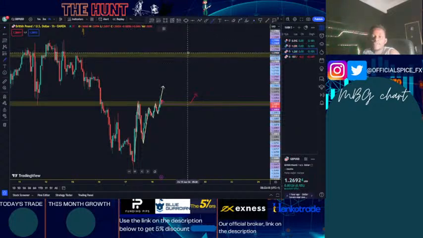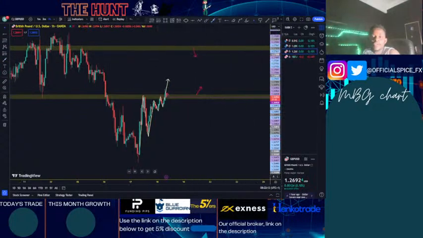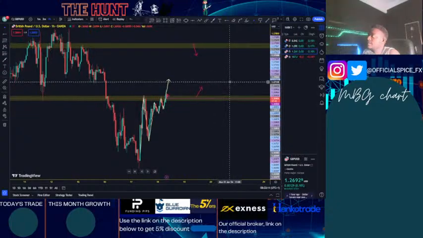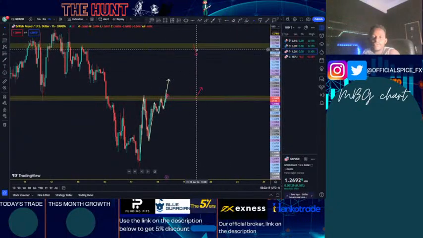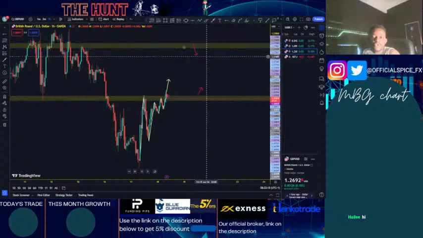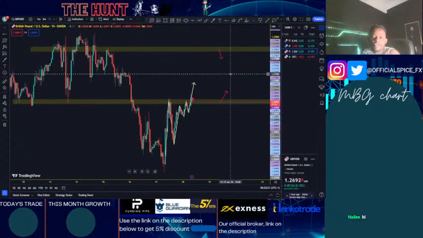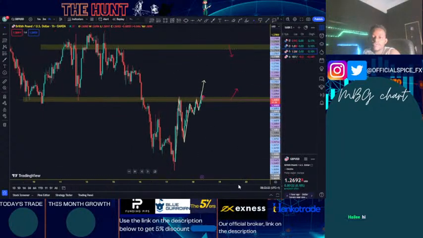We can see price push all the way to this point right here. That would have been my second level, the level where I'd be looking to go short up here. So that's one channel changing.